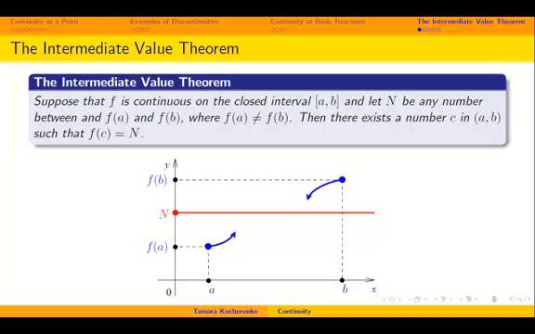Let's draw a horizontal line y equals n. Suppose we started at point A, f of a. As x increases from a to b, we move along the graph of the function and eventually end up at point B, f of b.